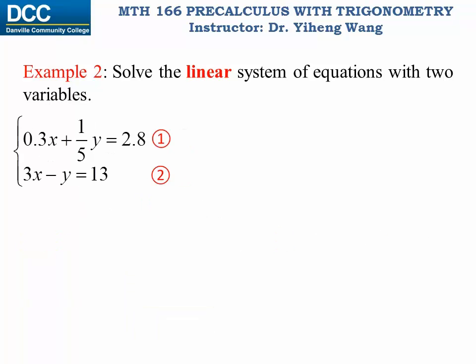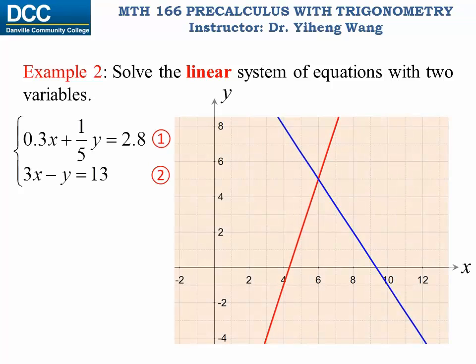Earlier I mentioned that this is called a linear system of equations because both equations are linear equations. And we learned how to plot linear equations before, and here we're going to plot both equations on the same xy rectangular coordinate system. This blue line is equation 1, and this red line represents the graph for equation 2.